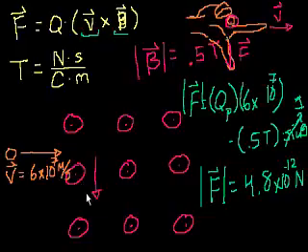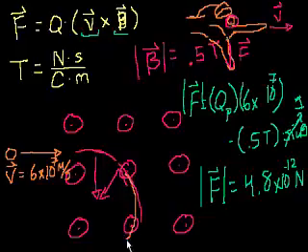And so what's going to happen? Well, what happens if you remember a little bit about your circular motion and your centripetal acceleration? What happens when you have a force perpendicular to velocity? If you have a force here and the velocity is like that, the particle will be deflected a little bit to the right. And then, since the force is always going to be perpendicular to the velocity vector, the particle is actually going to go in a circle.